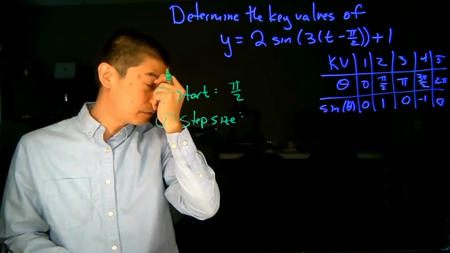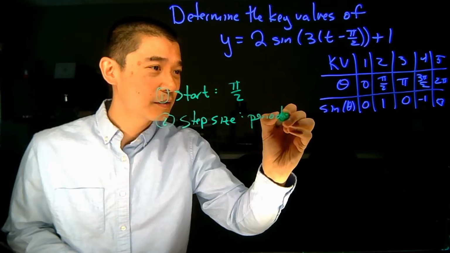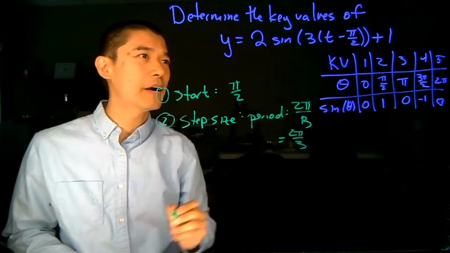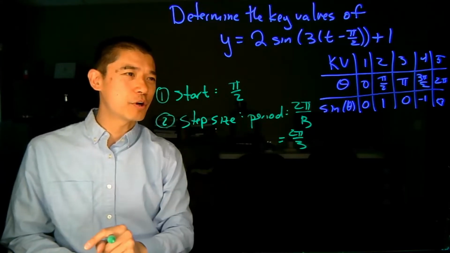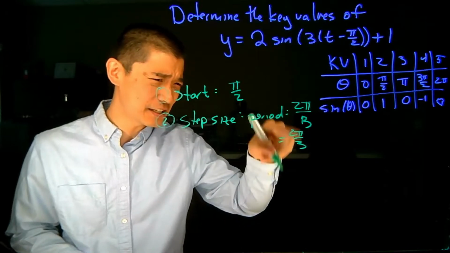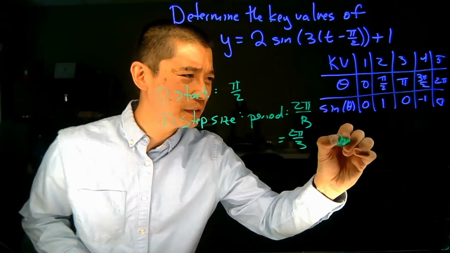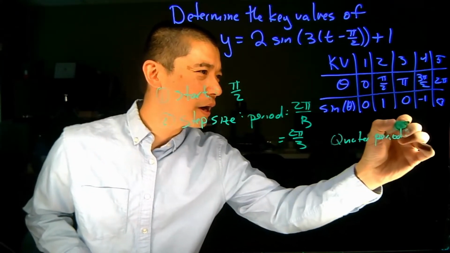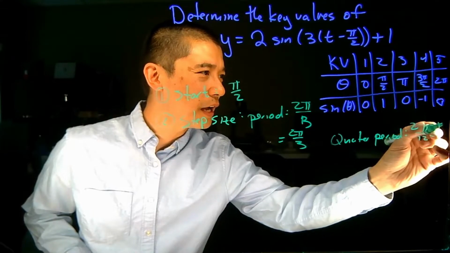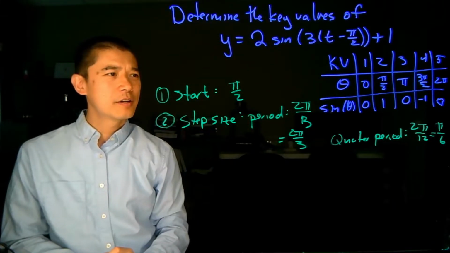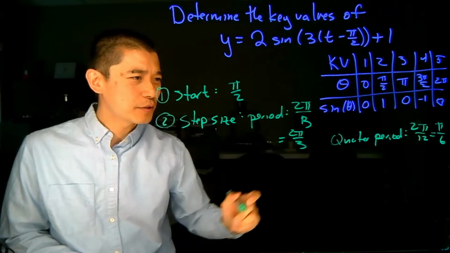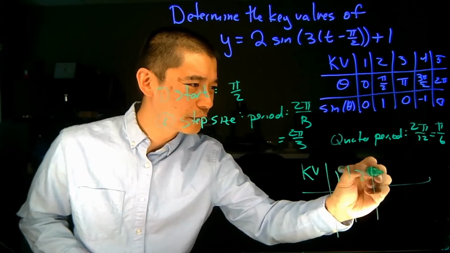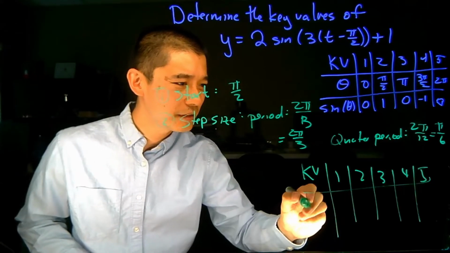First of all, we'll write down the period, which is 2 pi over b, which is 2 pi over 3 in this case. And then the quarter period is 1/4 of that, or you could use the other formula. I just like to think a quarter period here, so the quarter period is going to be this over 4, which is 2 pi over 12, which is pi over 6. And so this gives us, for the chart of key values for our new function, 1, 2, 3, 4, and 5, our t values.